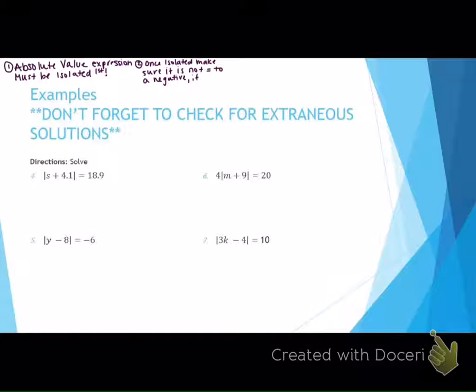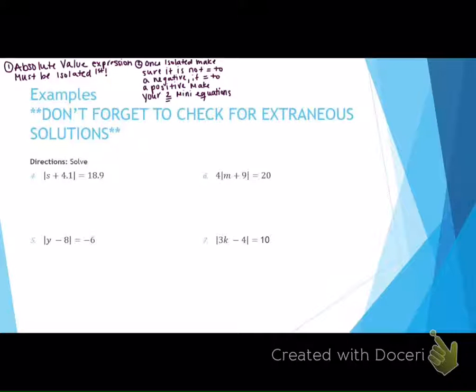Comma, if equal to a positive, make your 2 mini equations. So once it is isolated, make sure it is not equal to a negative. If equal to a positive, you're going to make your 2 mini equations.